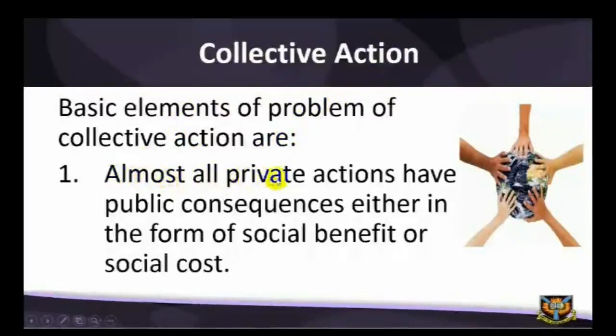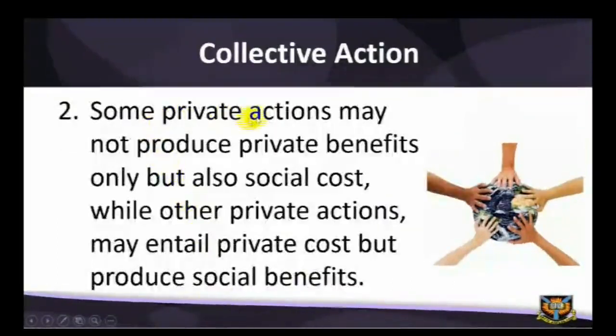Almost all private actions have public consequences, either in form of social benefits or social costs. 2. Some private actions may not produce private benefits only, but also social costs, while other private actions may entail private costs but produce social benefits.